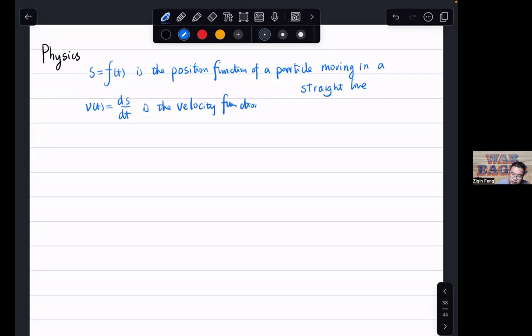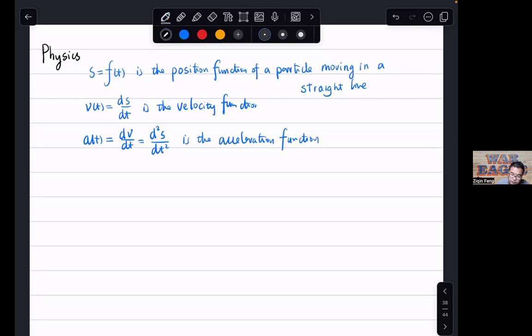So the acceleration a of t is equal to dv over dt, also d squared s over dt squared. The second derivative of the position function you get is the acceleration function. So let's use this connection between position, velocity, and acceleration to analyze a movement.